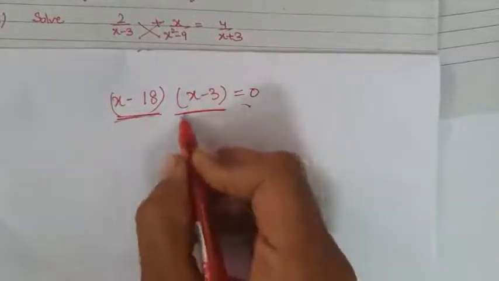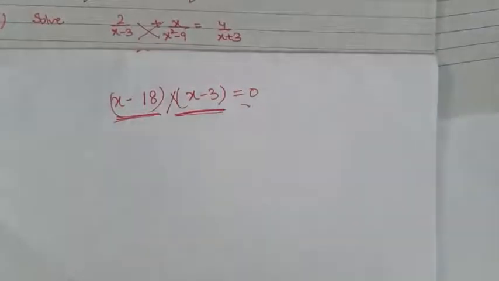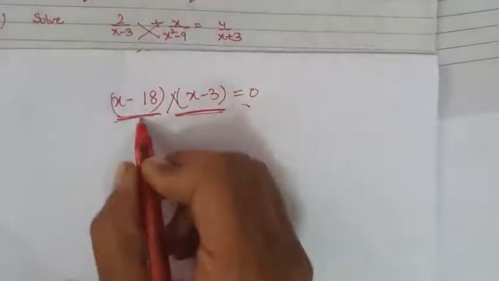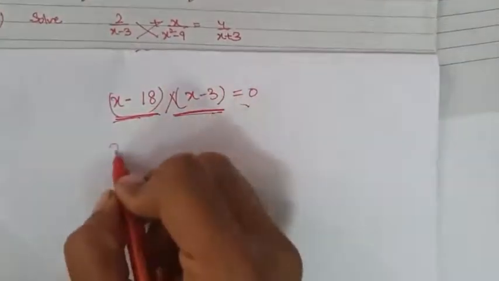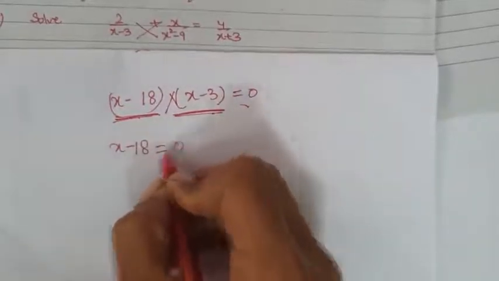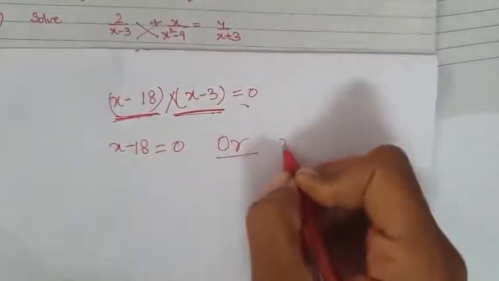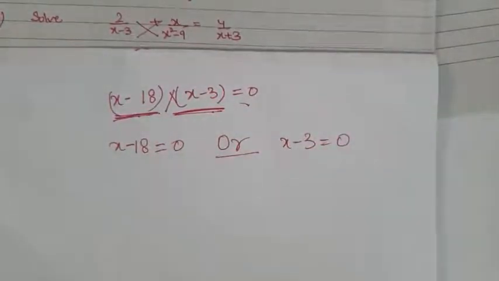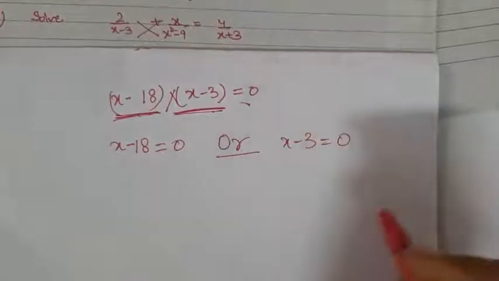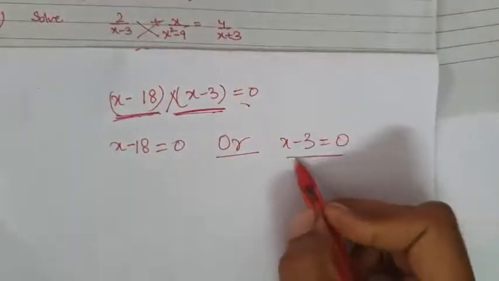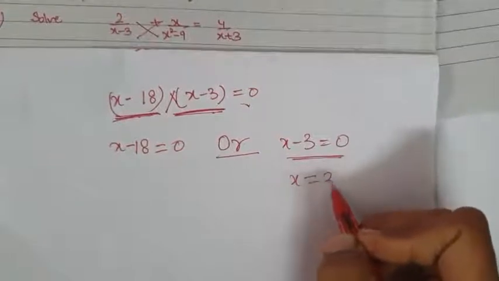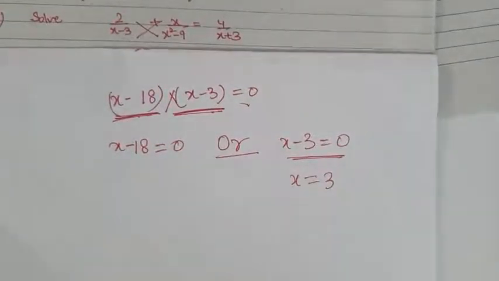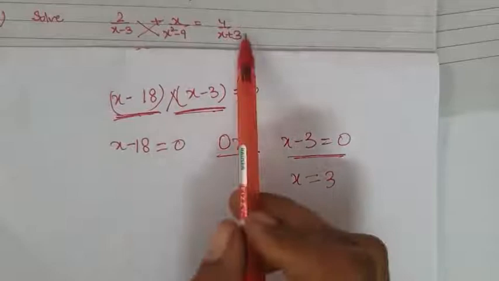Now whenever the multiplication of two brackets gives you 0, it means either of them should be 0. Means either this should be 0 or this should be 0. Now we have to see which is not possible. See here, this equation gives you x is equal to 3. Now whatever solution we are getting should satisfy the given equation. And this is our given equation.